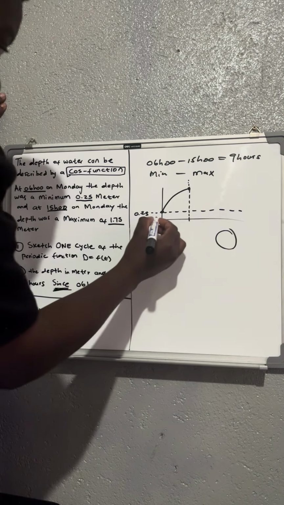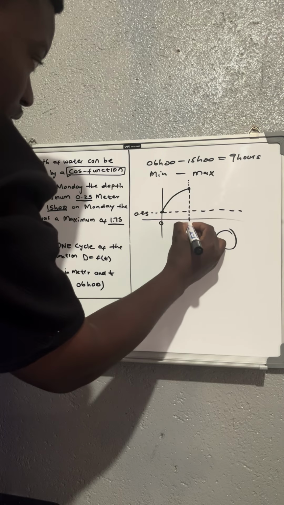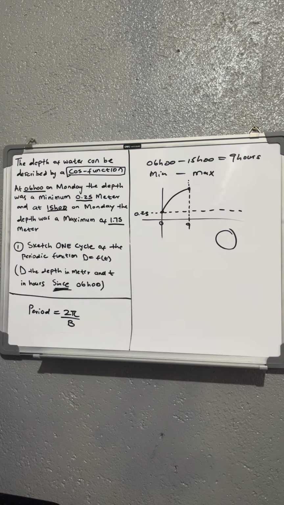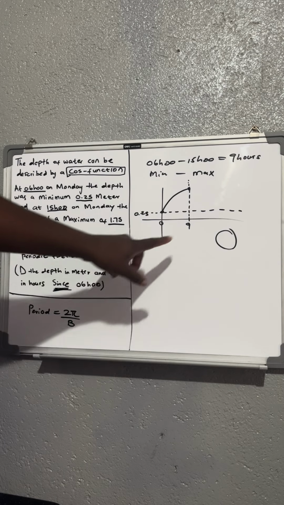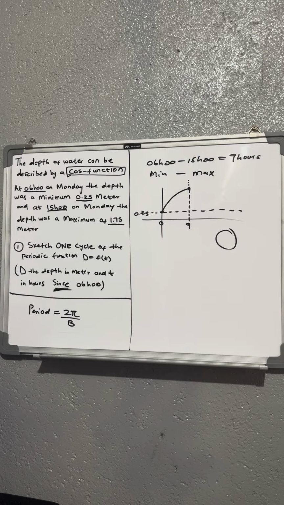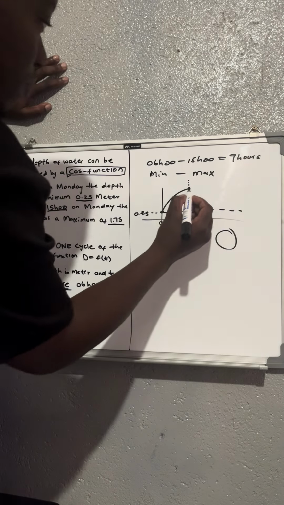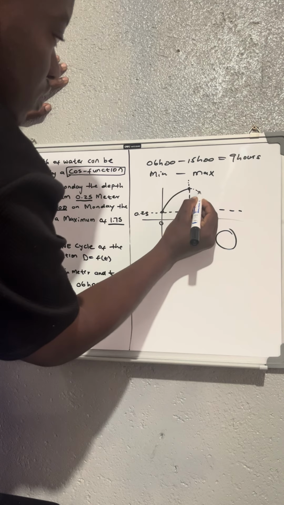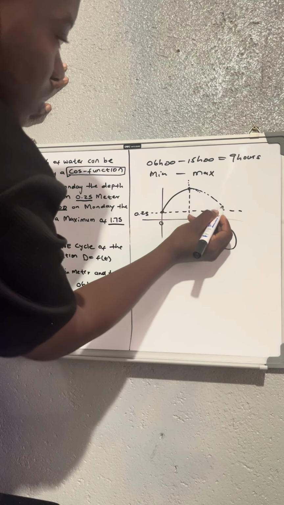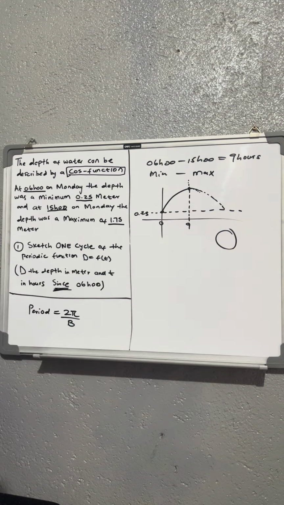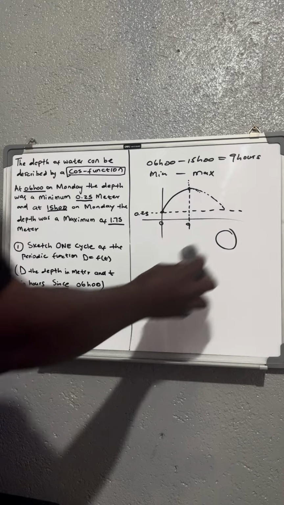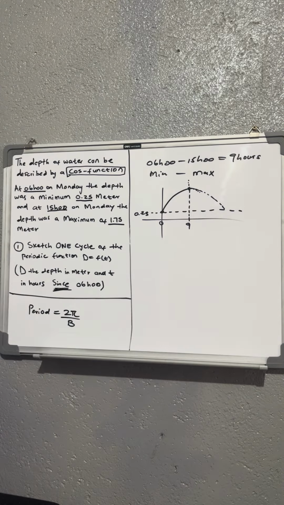Okay, we can just say here we have 0, then here we have 9, you see. So now it would mean we actually have to multiply this by 2 to have a full circle, because remember, our full circle must be something that looks like this. We are in short of the other space.